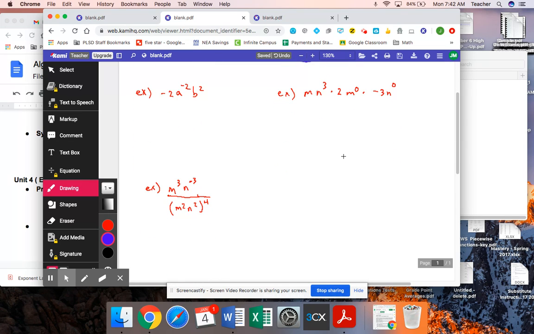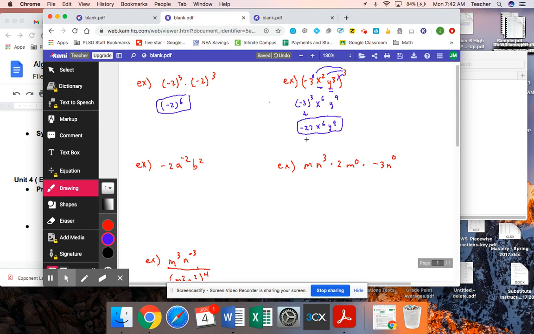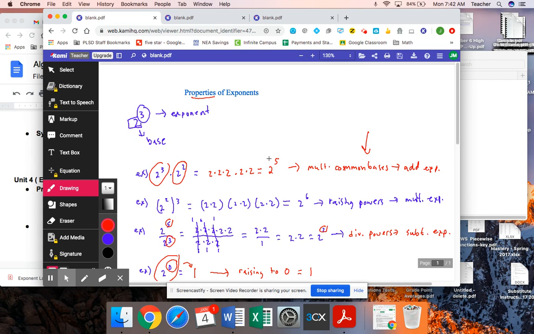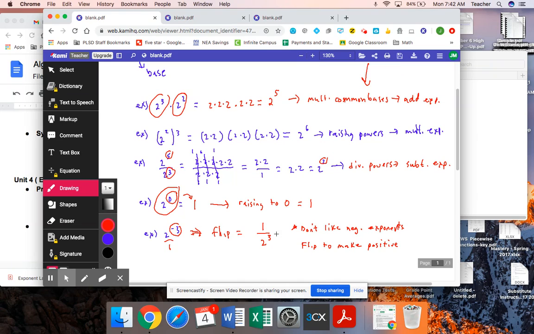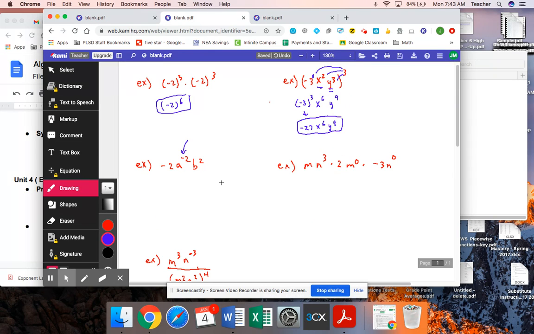In this example, I do have a number and I have some powers, but it's not the same as this example. Over here, I raised everything to the third power. Here, I'm just raising individual pieces to those powers. Now, what jumps out at me is this thing right here. There's a negative exponent. And since there's a negative exponent, that's going to imply that I'm going to have to flip something. So the moment I see a negative exponent, the very first thing I do is draw a fraction bar, because something's going to be flipped and moved.